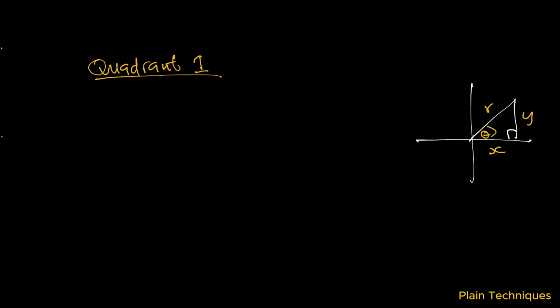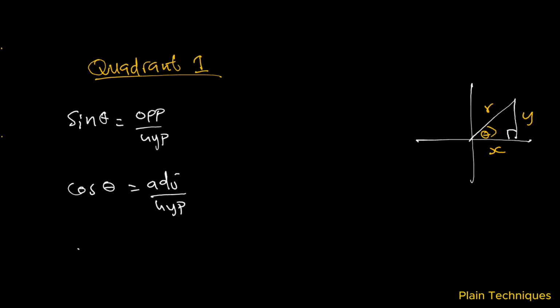Okay? I'm going to go ahead and write my trig functions, which is sine theta, which is opposite over hypotenuse. Cos theta, which is adjacent over hypotenuse. And the last one is tan theta, which is opposite over adjacent.